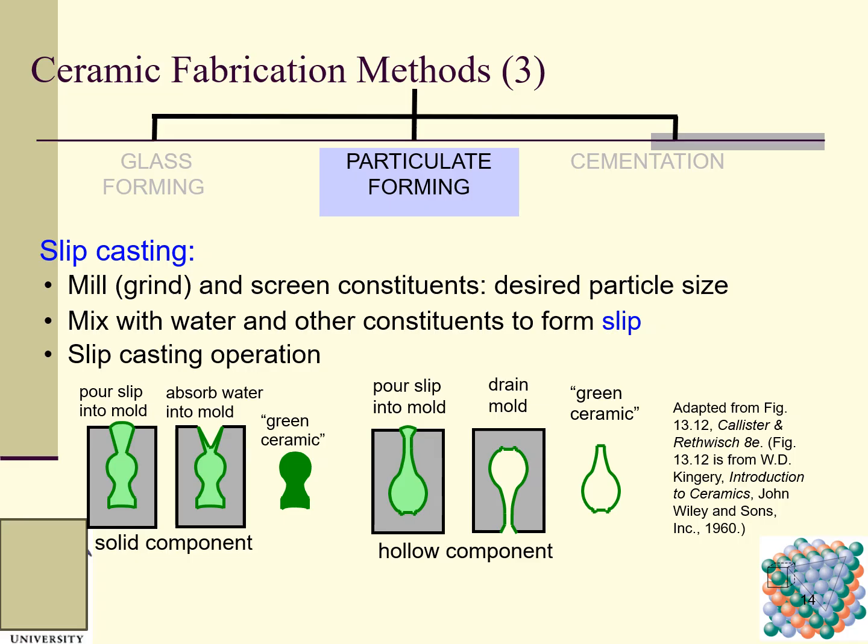Here, pour the slip into the mold, and the mold absorbs water. You can see the slip shrinks, and this is the grain ceramic. Then drain the mold, and dry and fire the cast piece, the grain ceramic.